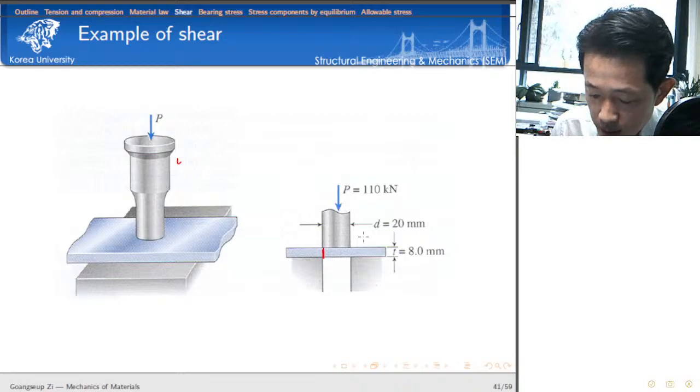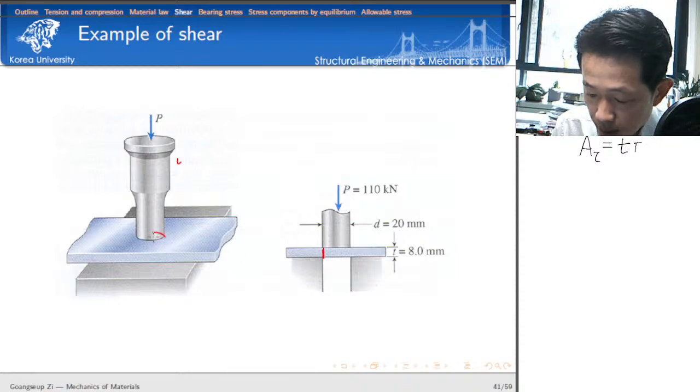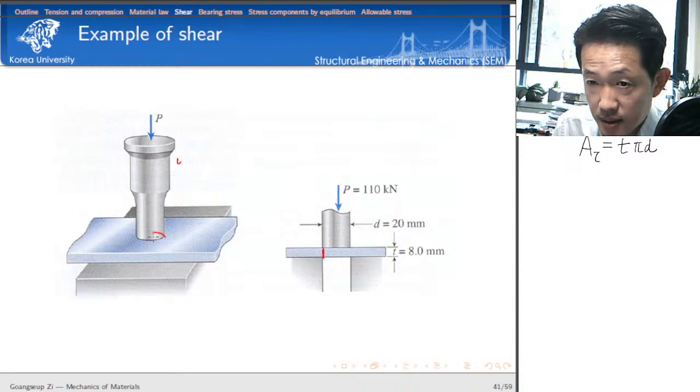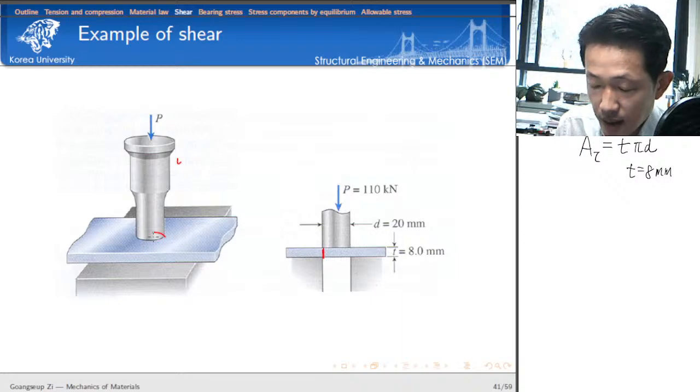The shear area is the thickness of the plate times the perimeter of the punch, so pi times d of the punch. Here the thickness is given by 8 millimeters, and the diameter is given by 20 millimeters.